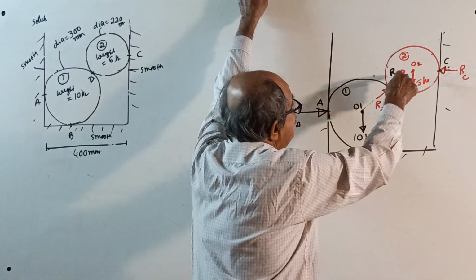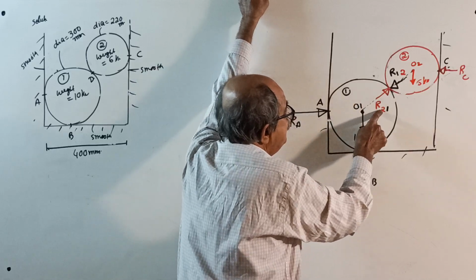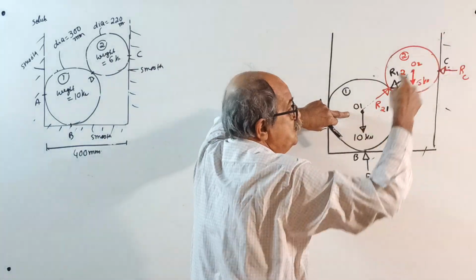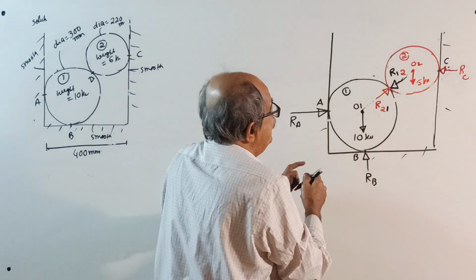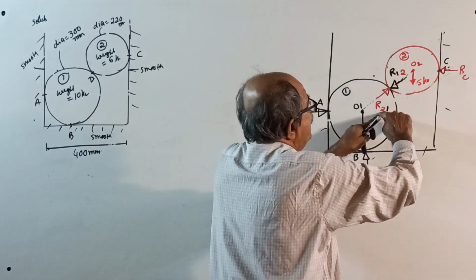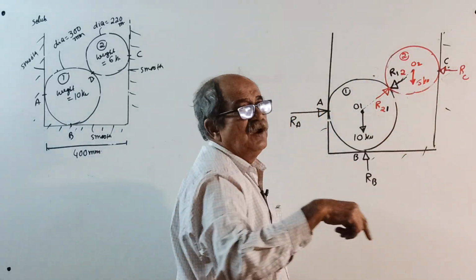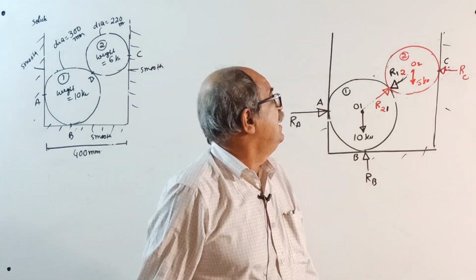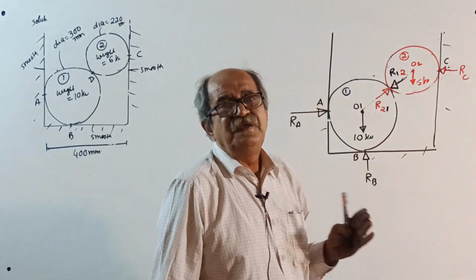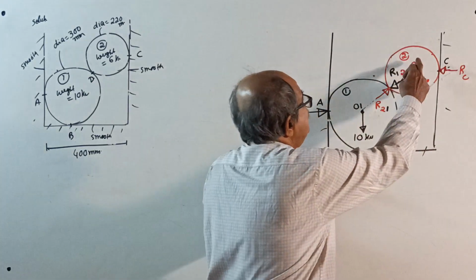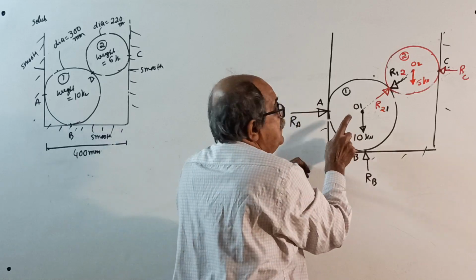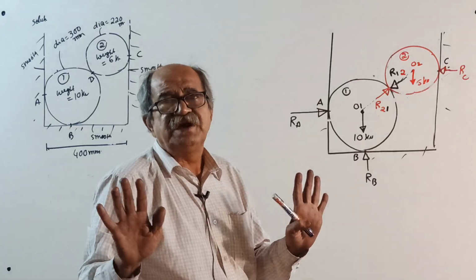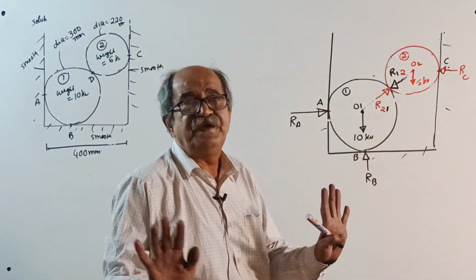So this is the reaction on cylinder 1 from cylinder 2. You write here, this is the reaction on cylinder 2 from cylinder 1. They are mutual reactions. You can call this action, this reaction, or common sense: this will push it this way, this in balance will push it this way. Understand that much correctly. I will not explain once again.